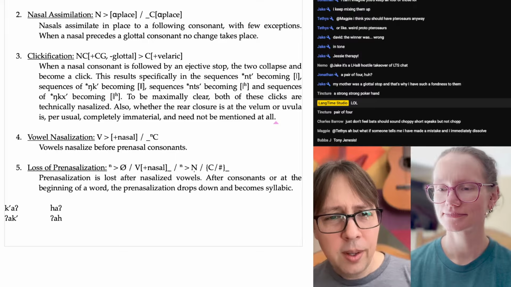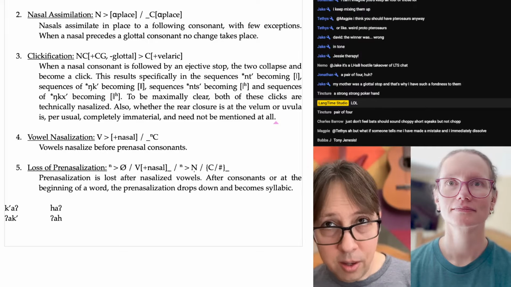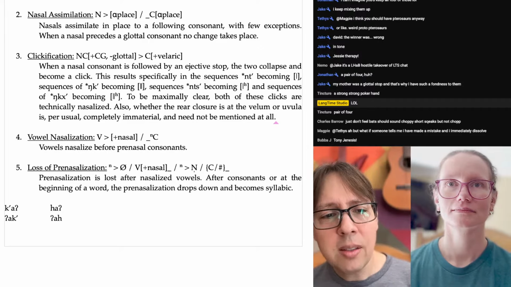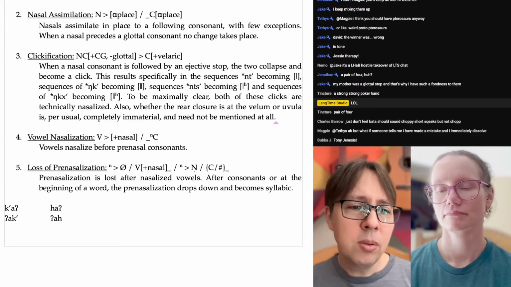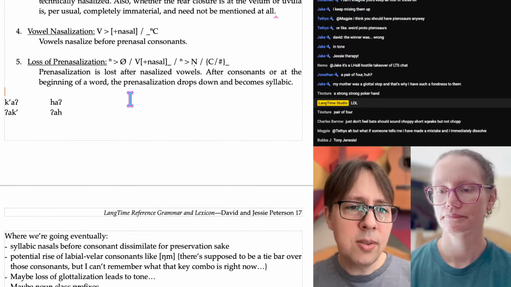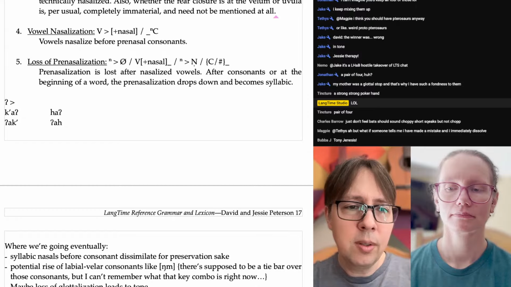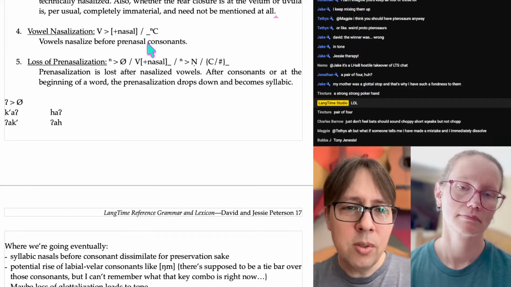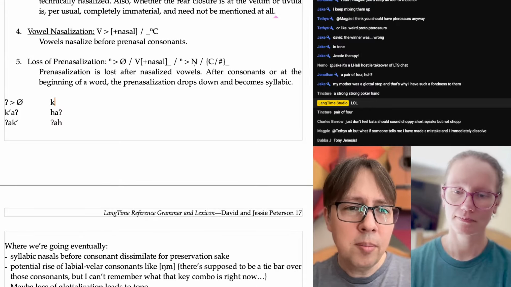Yeah, and this is that glottalization, not glottals. Glottalization is lost at the end of a syllable. Okay. And what that would do is this would go to nothing. This would become that.